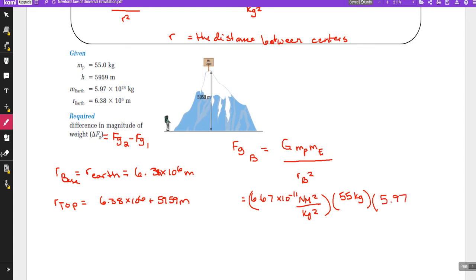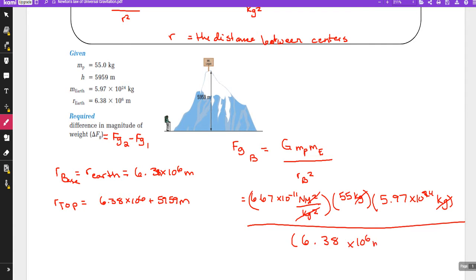And you can see how this formula is kind of working together right now, because then these kilograms cancel out already, which is awesome. And then it's divided by r_B squared, so we're going to cancel out these meters squared here right away, because it's going to be squared.